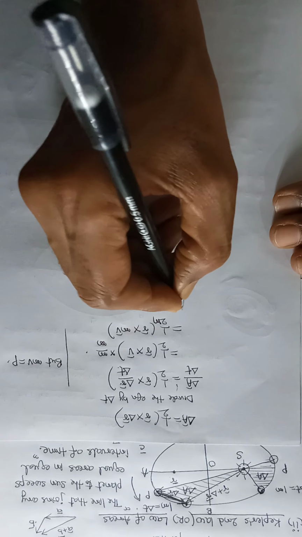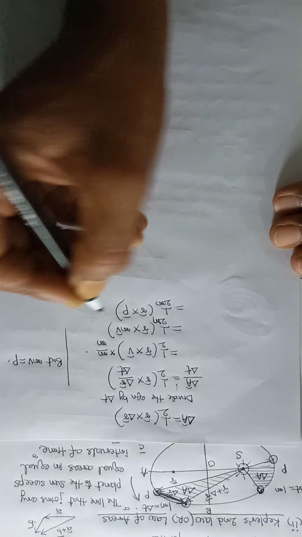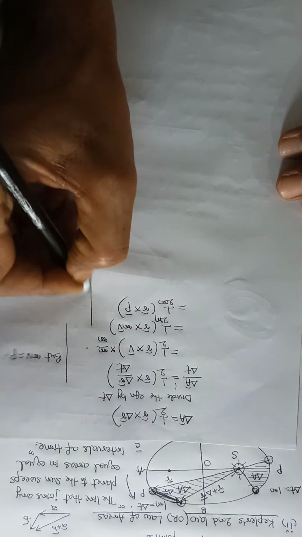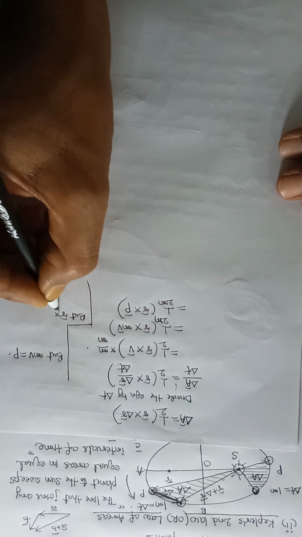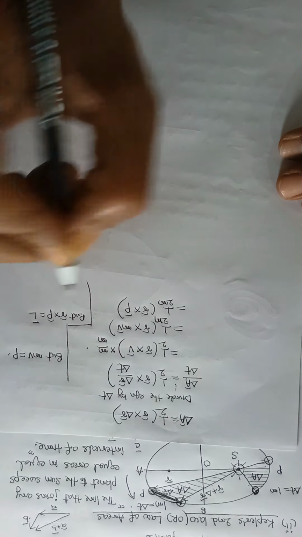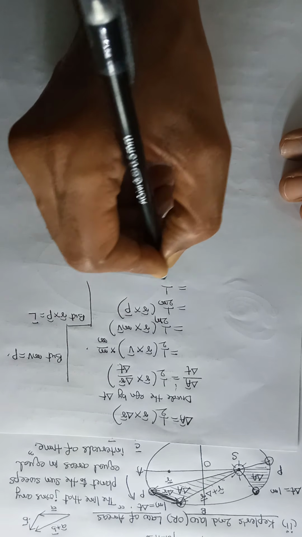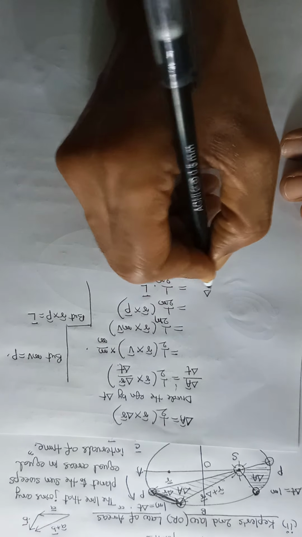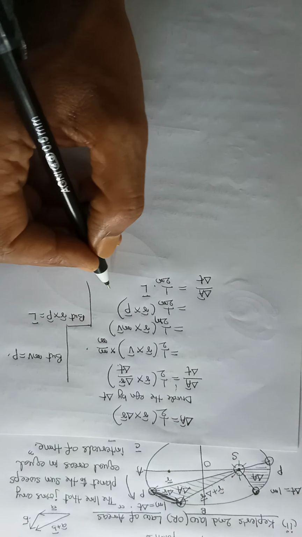Therefore, you can write R cross P. But R cross P is equal to L, angular momentum. Therefore, 1 by 2m into L. So delta A by delta T is equal to L by 2m.